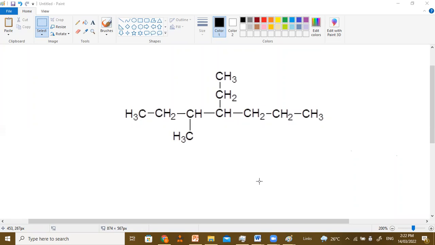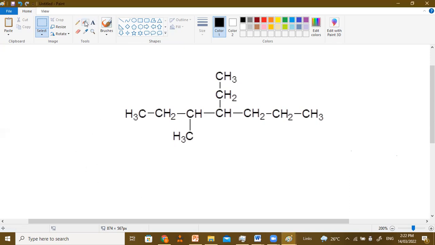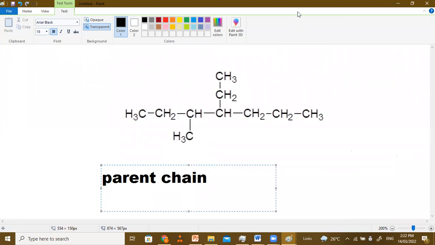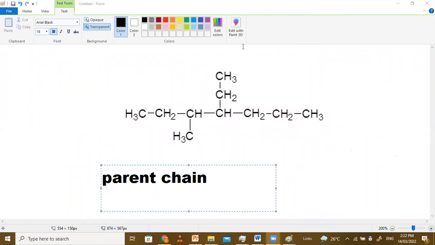Hello, I'm back. Can anyone identify what our parent chain is here? Heptane, ma'am. What is the parent chain? Then start counting from the left.